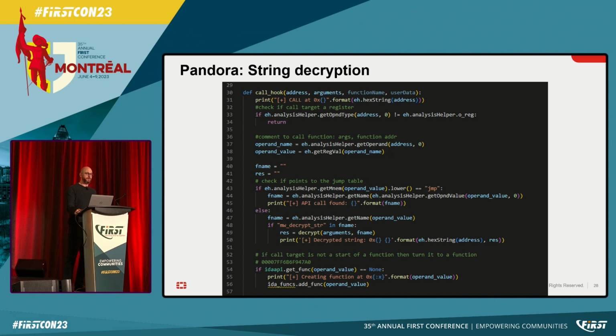If it is, then it starts a separate emulation of that decryption function with the inputs that are currently there at the call address. And basically, that's how we emulate the decryption function. So it's basically like 3 useful lines in the comment. So it's relatively easy. And at the end, you see that I also wrote back the results of the decryption.